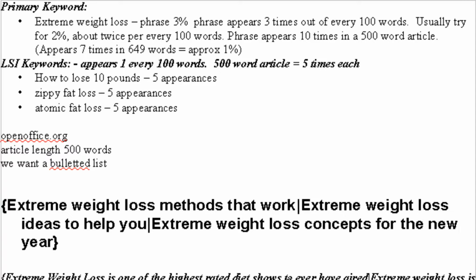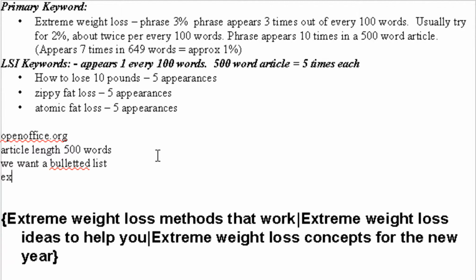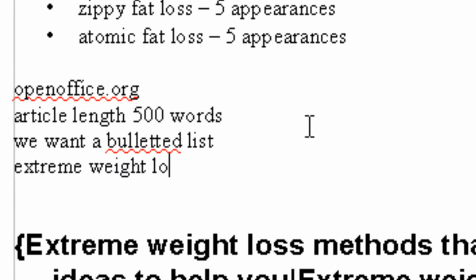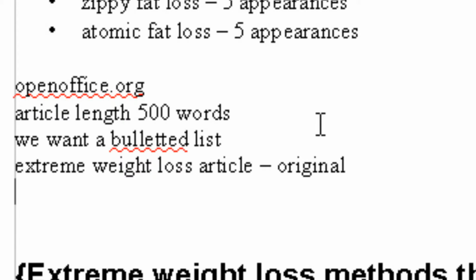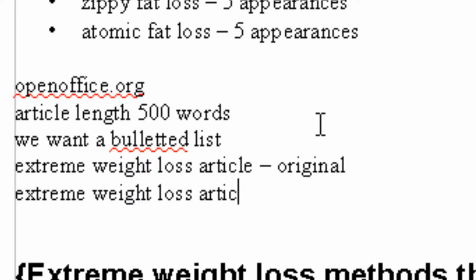So let's say the first version of the article was extreme weight loss article original. That's what we'd call the first one. Then the second one we would call extreme weight loss article sentence spin. And this is called spinning.